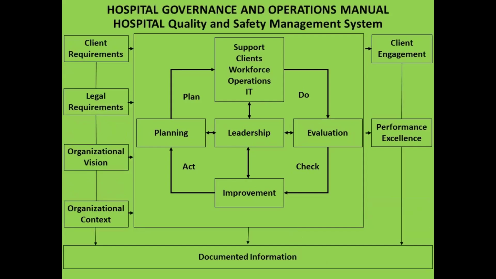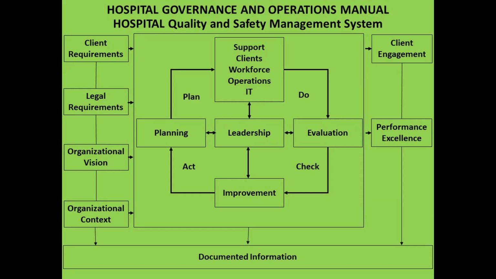This is an example of an adapted framework from ISO 9001:2015. It can be used as a hospital governance and operations manual as well as a quality management system. The quality and safety management system is used instead of just quality management system to meet the requirements of the PhilHealth Benchbook, JCI, and ACI.